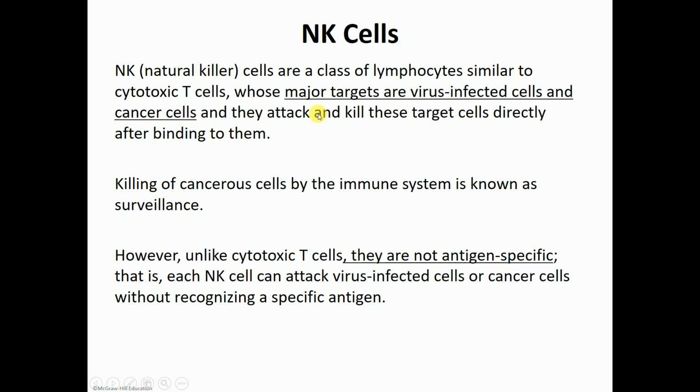These natural killer cells have the ability to attach directly to the cells and kill them. They perform what is known as surveillance, where they pretty much just survey the cells for any cancerous changes and kill them right away.